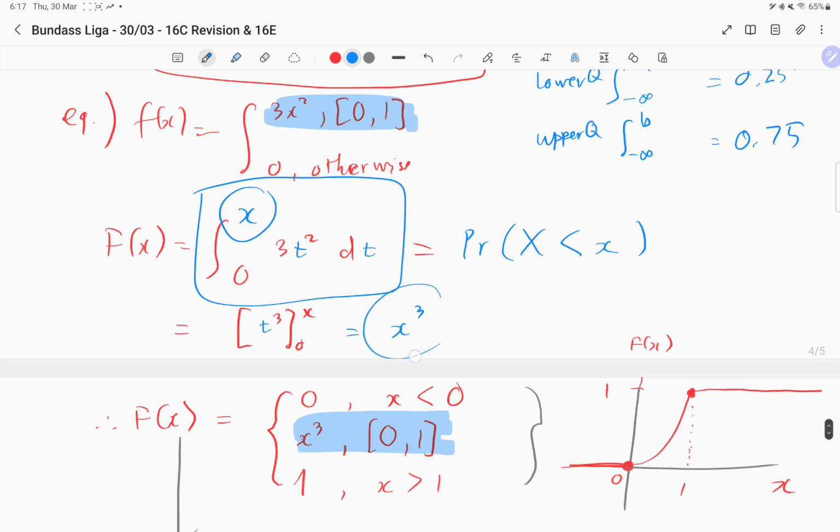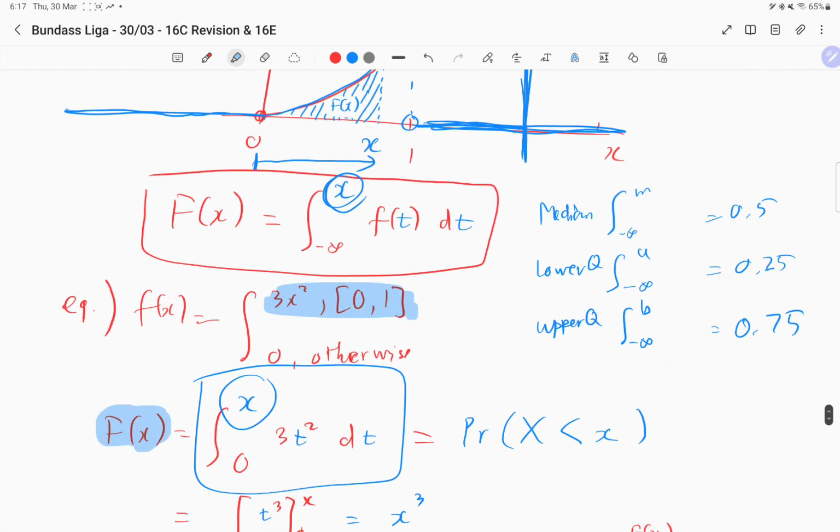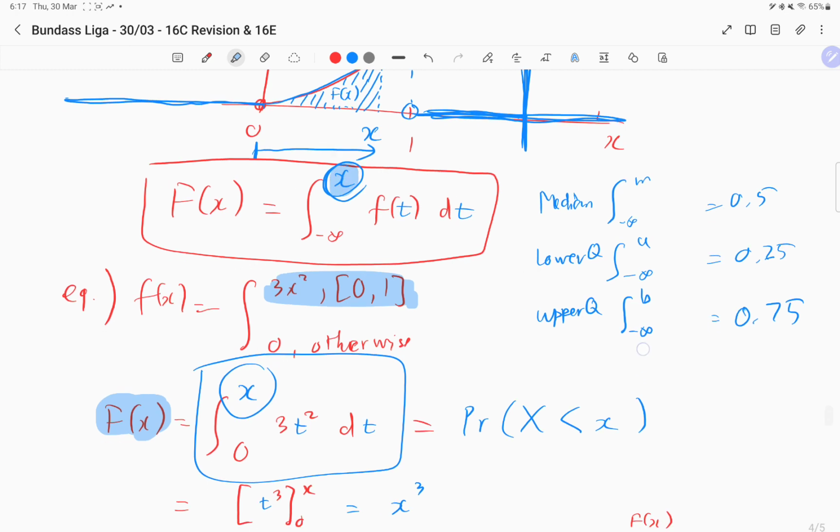The final result is a function. This big F of x is a function, not an answer like 0 point something, or 2, or 3. It's a function of x, and that's why the end limit is x, so that you have that variable x in the final answer.